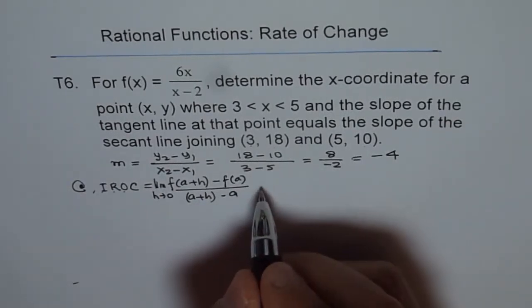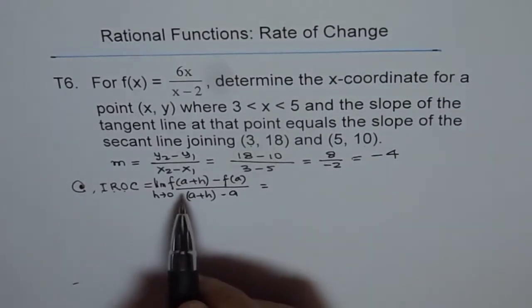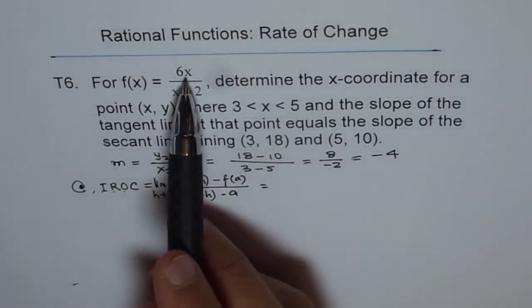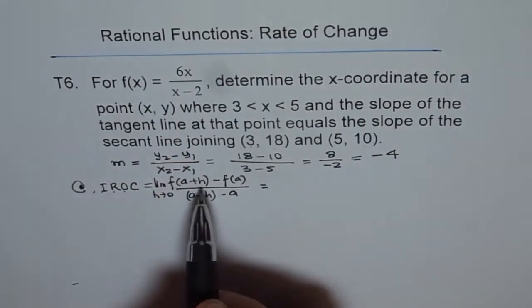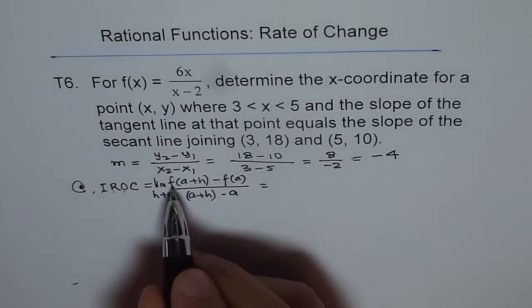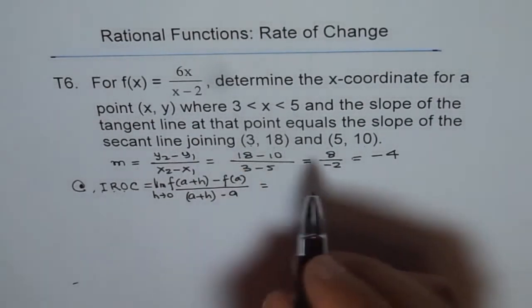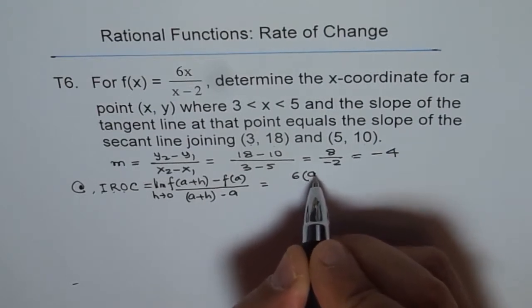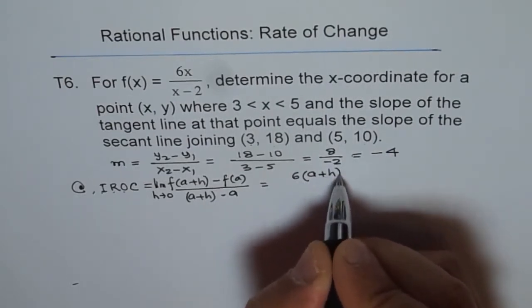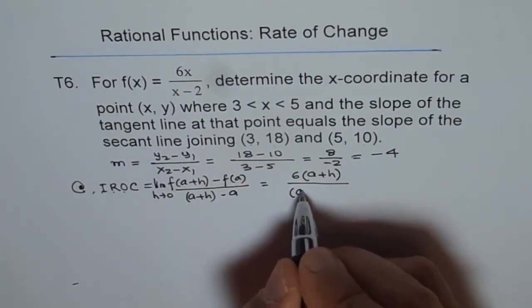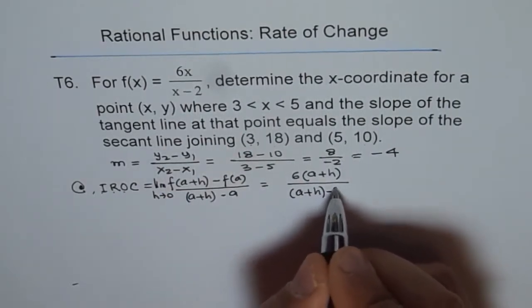Okay. Now, what is f of a plus h? You replace this x with a plus h in your formula. So f of a plus h is 6 times, instead of x I'm writing a plus h, over, instead of x, a plus h minus 2, correct?